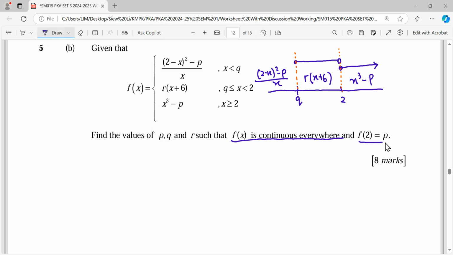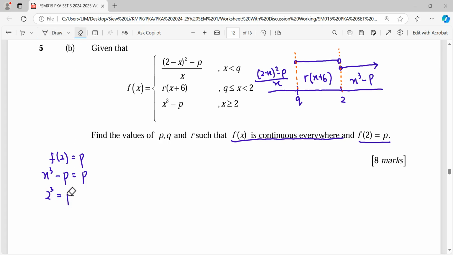And we have one extra piece of information here, where coordinate F2 is equal to P. Look at coordinate F2. It is equal to X cubed minus P. So X is 2 means 2 power 3 equals P plus P, equals 2P.